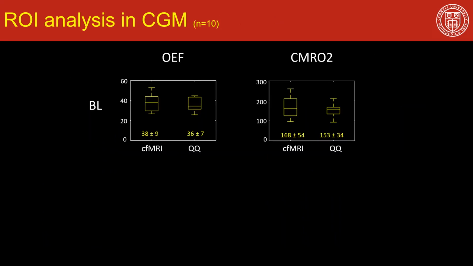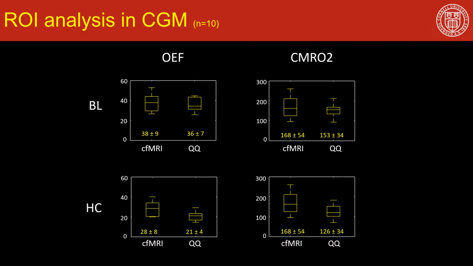The box plot shows ROI analysis in cortical gray matter in 10 healthy subjects. At baseline, calibrated fMRI and QQ show similar, statistically non-significantly different OEF and CMRO2. However, at hypercapnia, QQ shows a significantly lower OEF than calibrated fMRI, and QQ shows a 17% decrease in CMRO2 at hypercapnia compared to baseline, which is consistent with the recently reported mild CMRO2 decrease at hypercapnia.